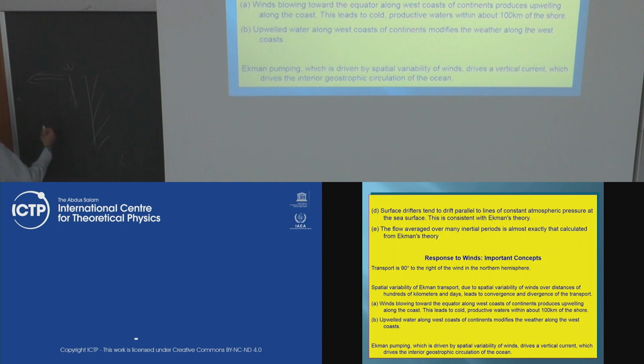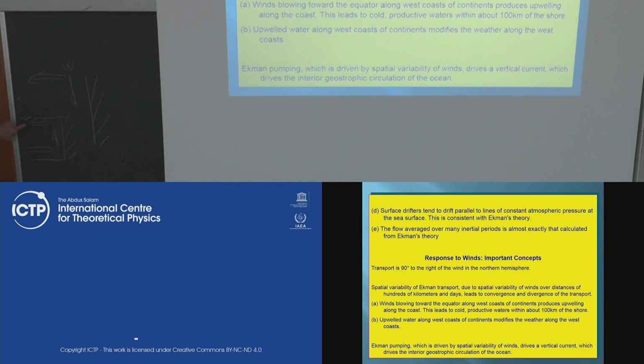So what is happening if you look at the cross section? This is the coast, this is the sea surface, and the transport in the first 200 to 300 meters is from the coast toward the open sea. In order not to lose volume, we create a vertical flow toward the surface, and then here the flow is from the open sea toward the coast.